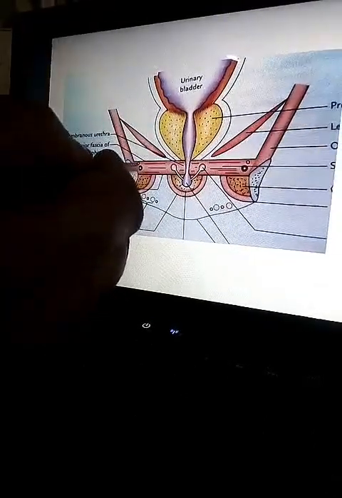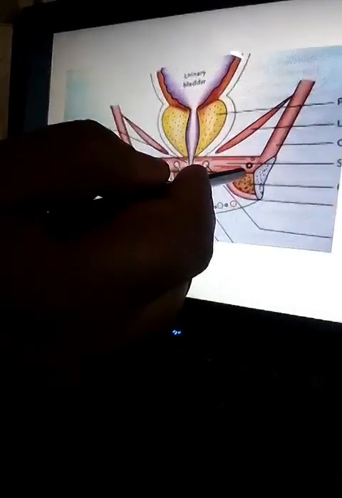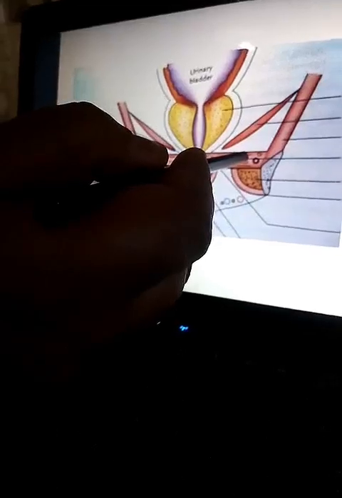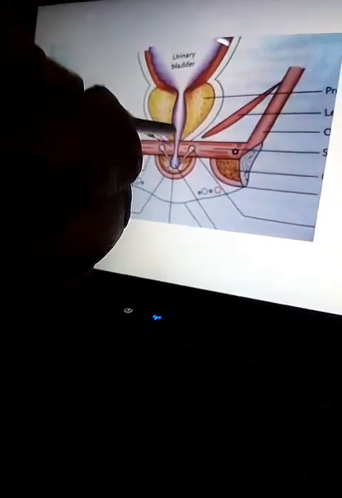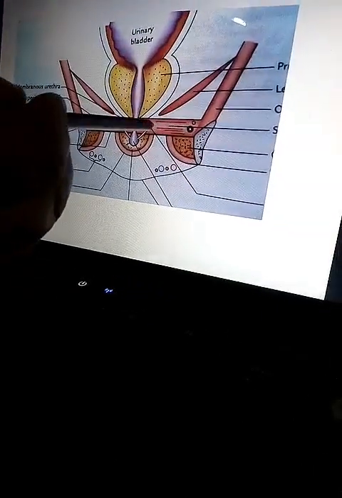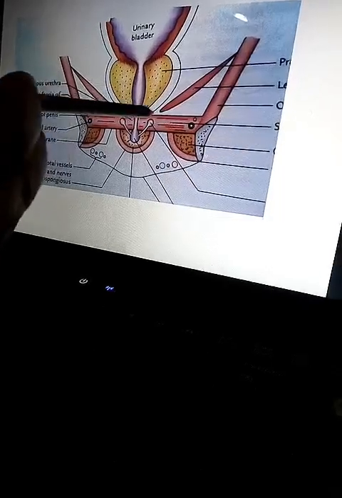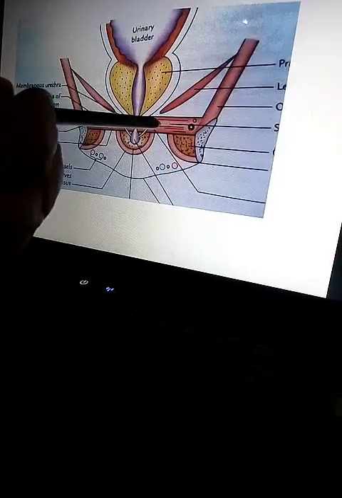So the deeper aspect of this external sphincter, or deep perineal pouch, is covered by a thin fascia which is continuous with the posterior edge of the perineal membrane and is attached to the sides of the ischiopubic rami. Thus, this sphincter urethrae is in fact contained within the fascial capsule, which is termed the deep perineal pouch.